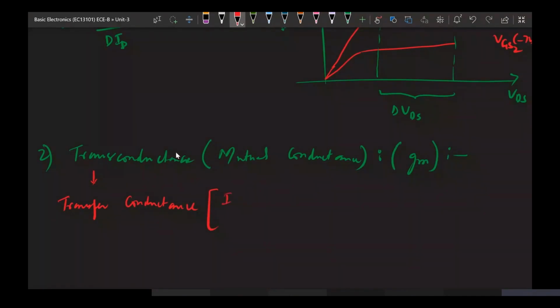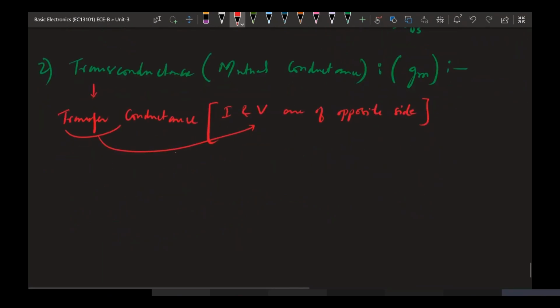So here the I and V are of opposite sides. Whenever there is a transfer term, the relation between the two parameters, one will be from the input side and another from the output side.